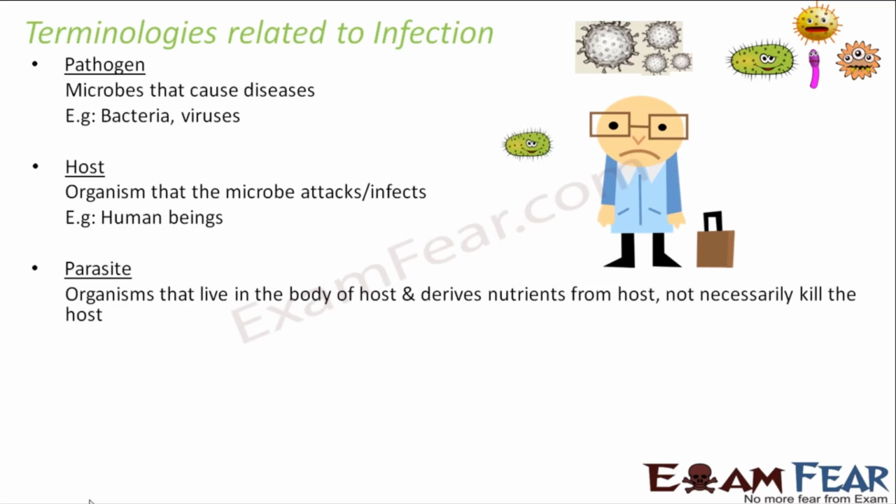Parasites also live in the body of a host, and for its survival it needs nutrients and food, so it will derive its nutrients from that host itself. But that doesn't mean that it will kill the host.